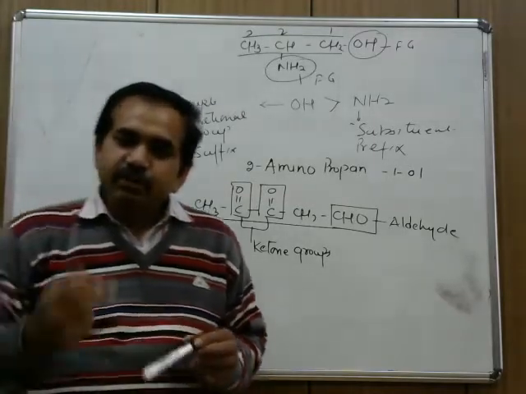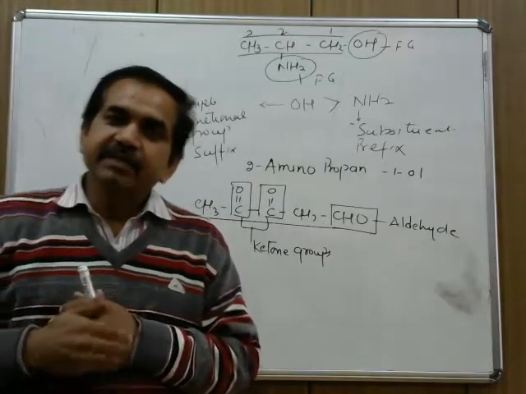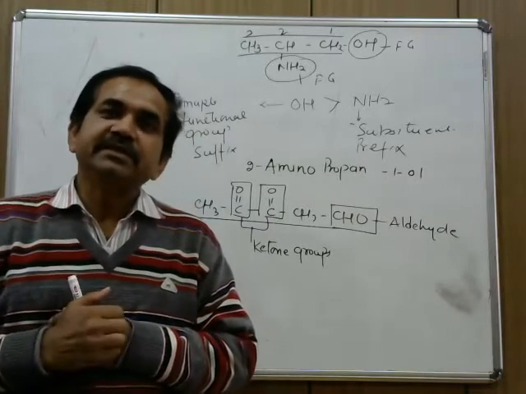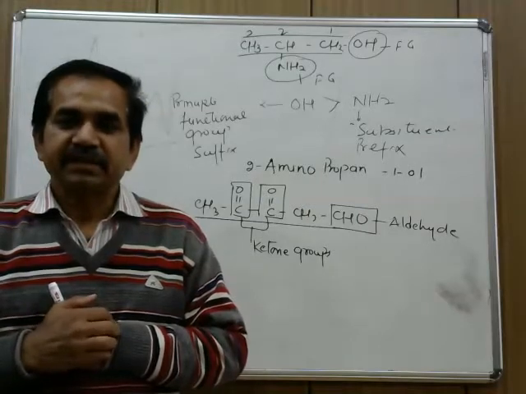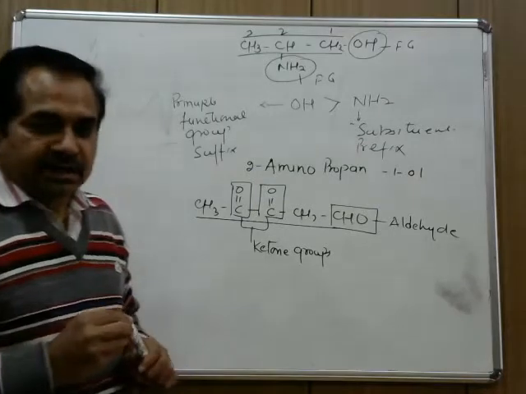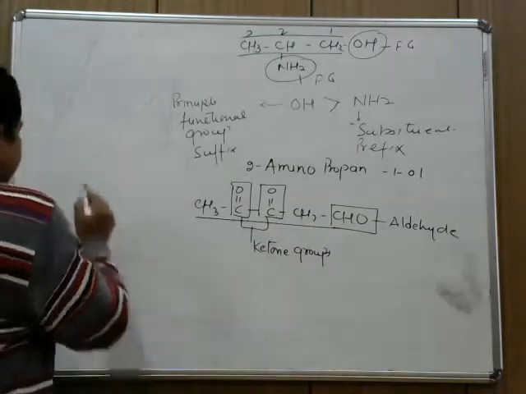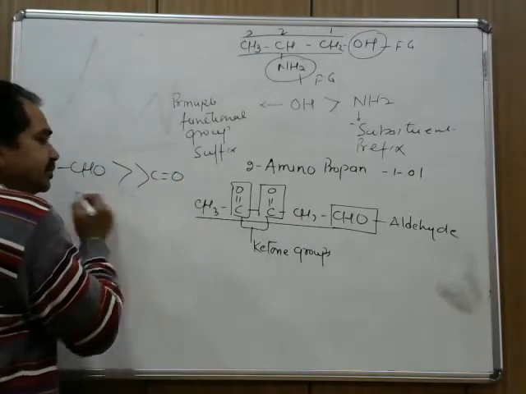So since there are two functional groups present, I immediately refer to the seniority table or the priority table, and therein I found that the seniority of the CHO group is more than the seniority of the CO group.